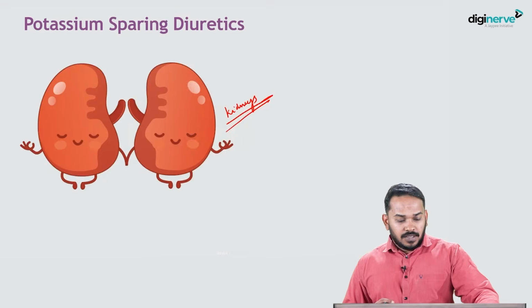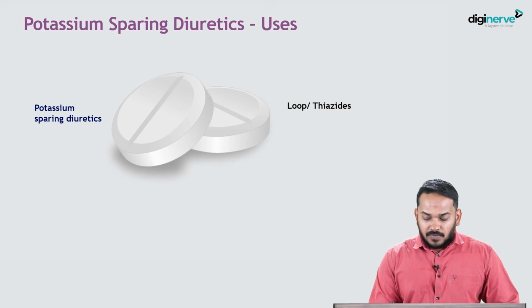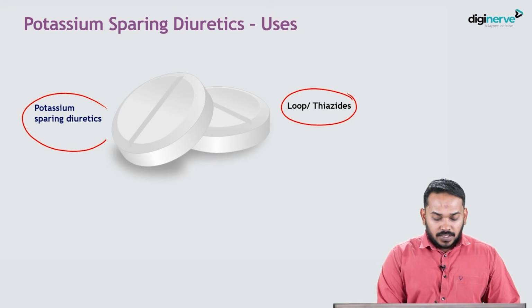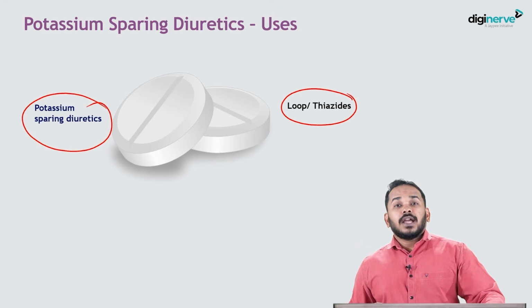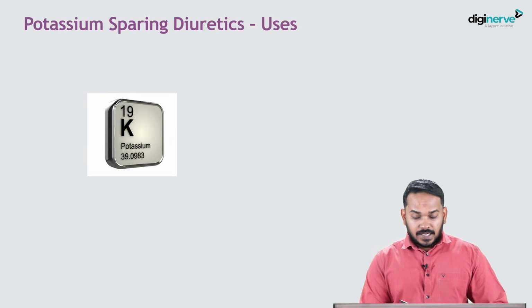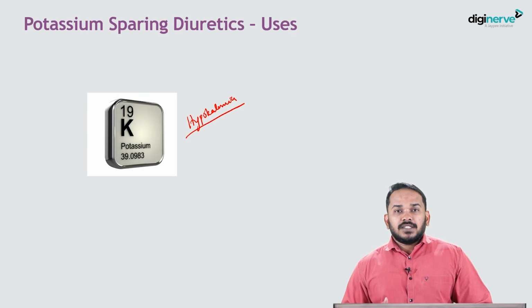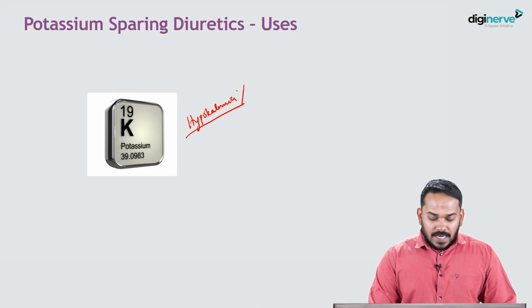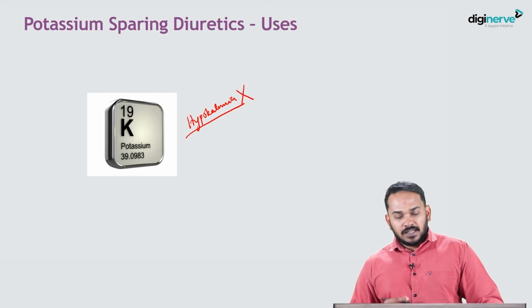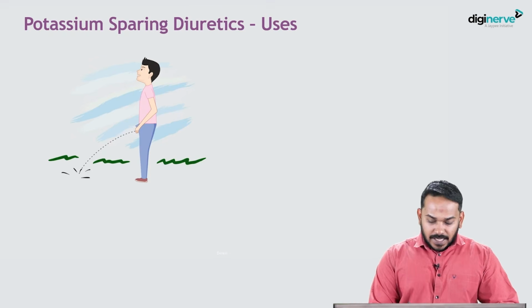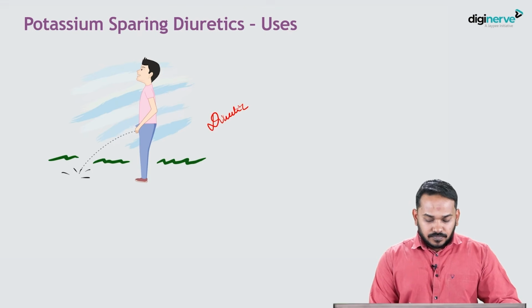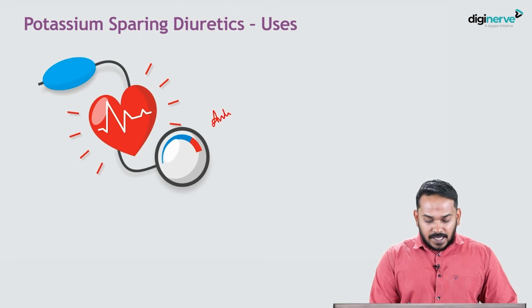Now we will see what are the uses of potassium sparing diuretics. Potassium sparing diuretics are combined with loop diuretics or thiazide diuretics. Because loop diuretics and thiazide diuretics will increase the excretion of potassium and can produce hypokalemia. These potassium sparing diuretics will reduce the excretion of potassium, thereby antagonizing this adverse effect of loop diuretics and thiazide diuretics. So it is used as a diuretic and also as an antihypertensive.